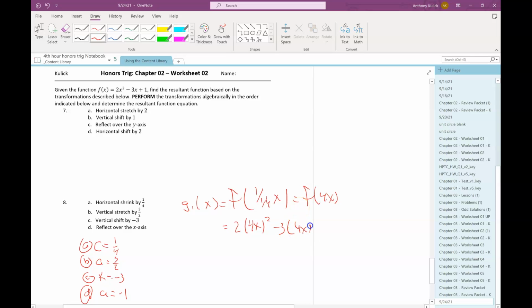So that's going to be 32x squared minus 12x plus 1.